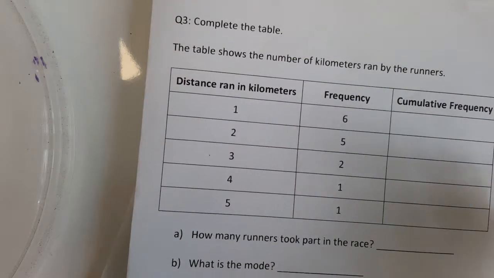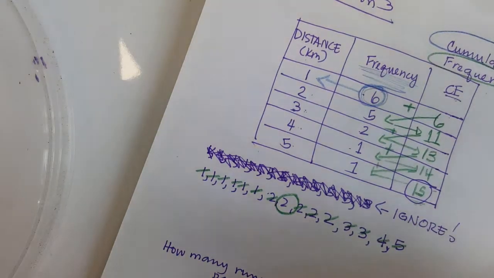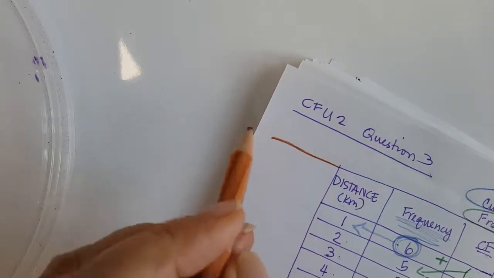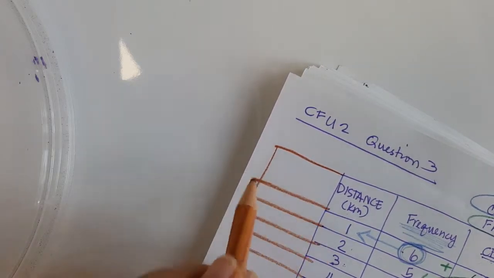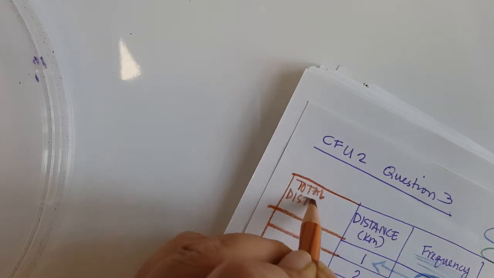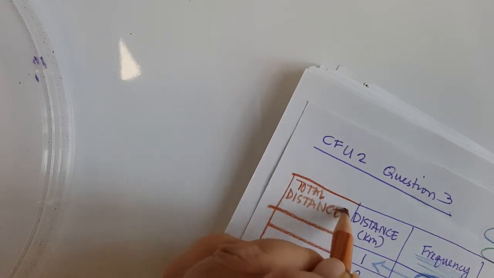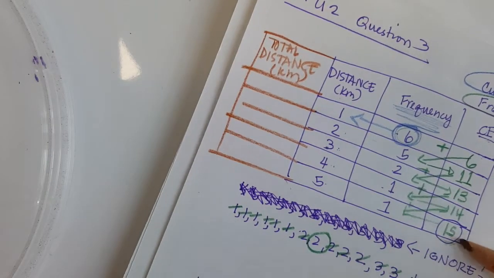There's nothing that says you can't. So I'm going to add another column here, and I am going to call it my total distance, in kilometers.